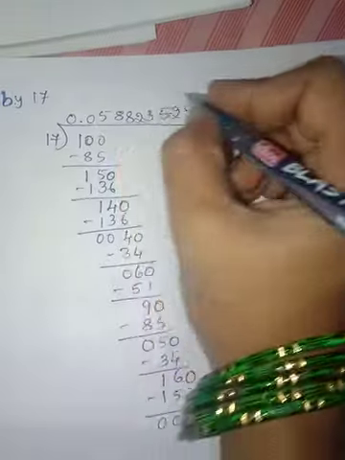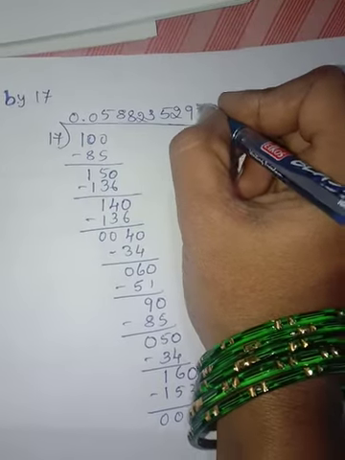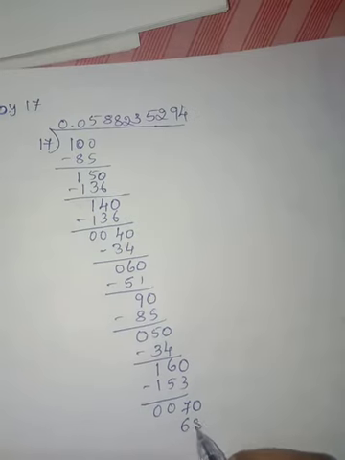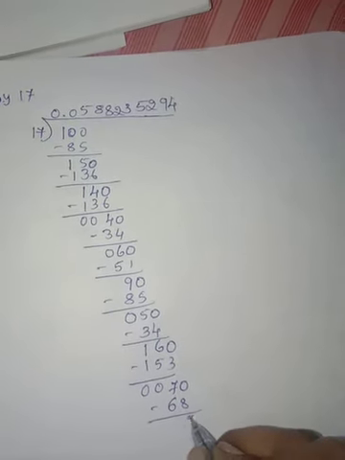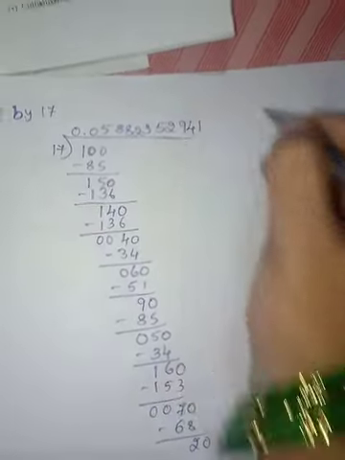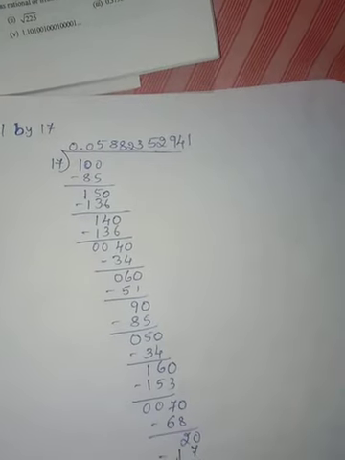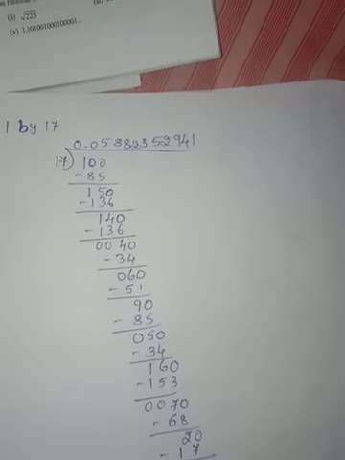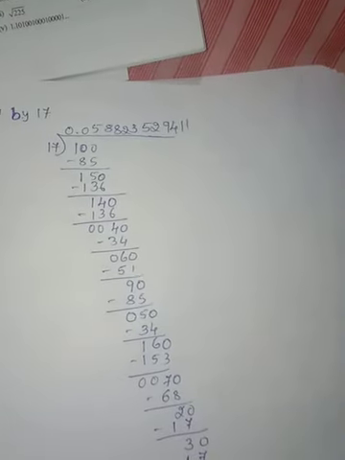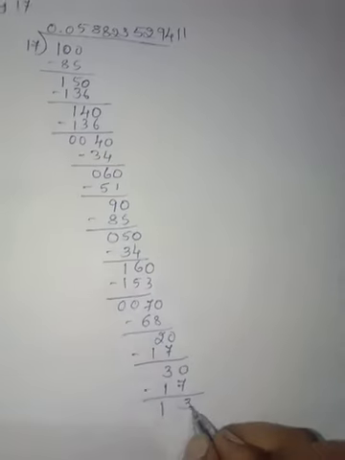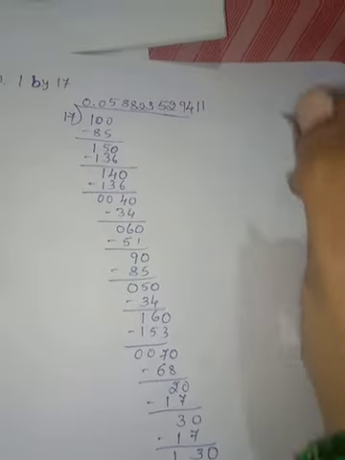Then 17 fours are 68. Then 10 minus 8 is 2. 0. 17 ones are 17. 30. 17 ones are 17. Again 130.